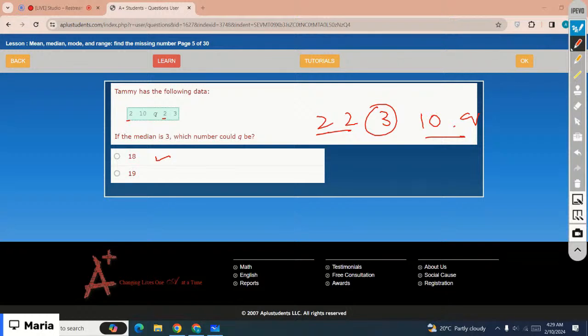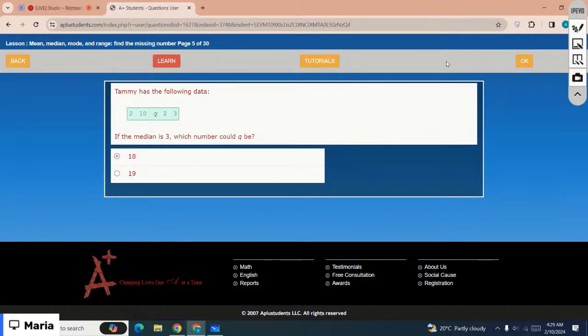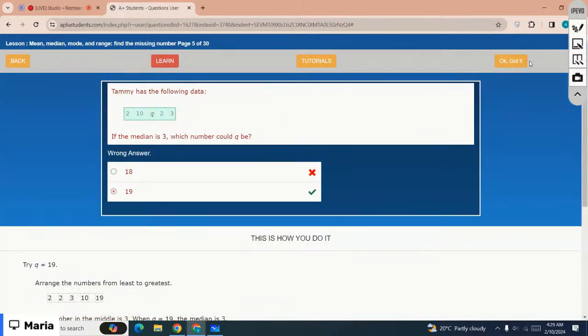It can also be 19, right? Okay, 19 it is.